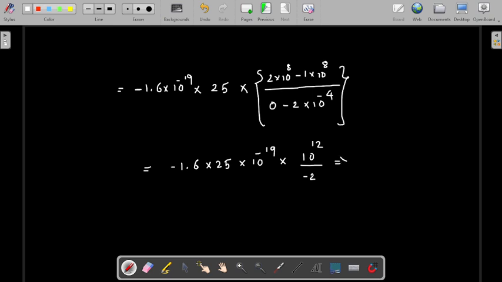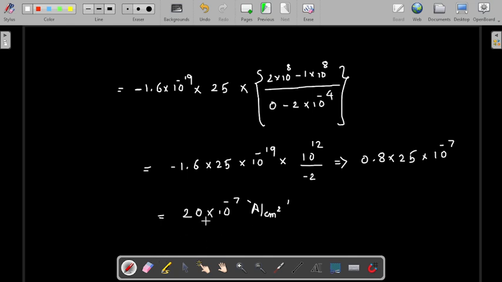Then we can cancel out the negative terms and simplify it to 0.8 into 25 into 10 power minus 7. Multiplying 0.8 into 25 gives 20, so it is 20 into 10 power minus 7. This is the value, so based on the options provided you can find the answer.